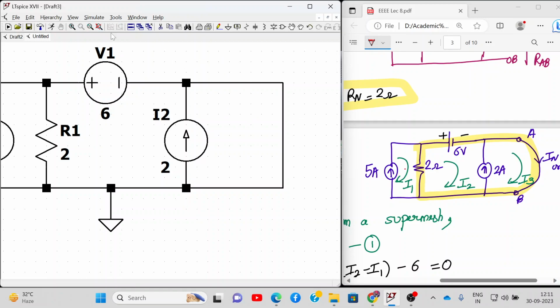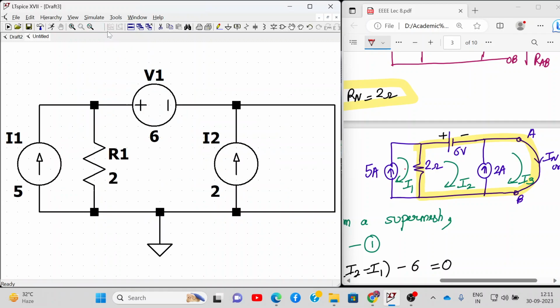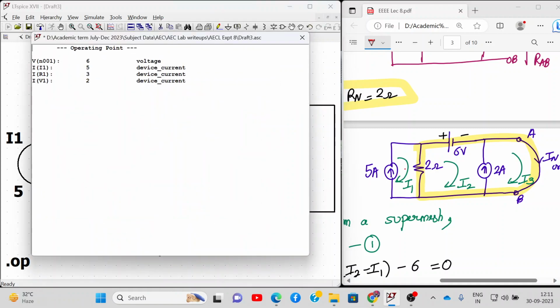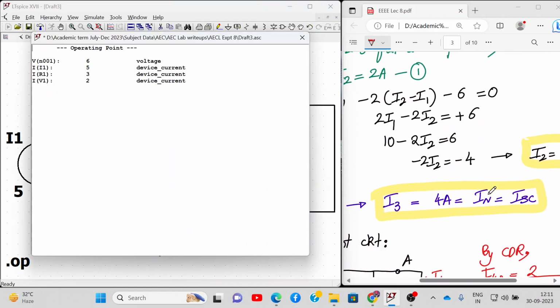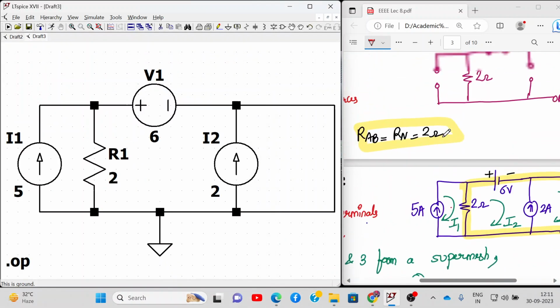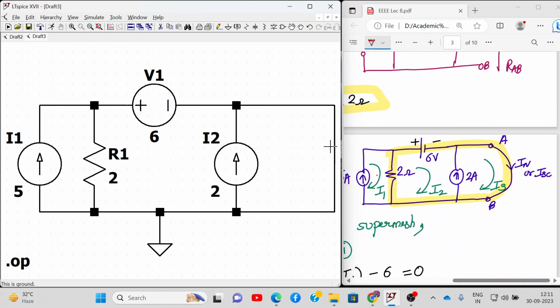Alright. So let's calculate the value of I3 from this circuit. Let me simulate. Click on run. Click on DC operating point and then click on OK. Alright. So basically we need to find the current through this wire.